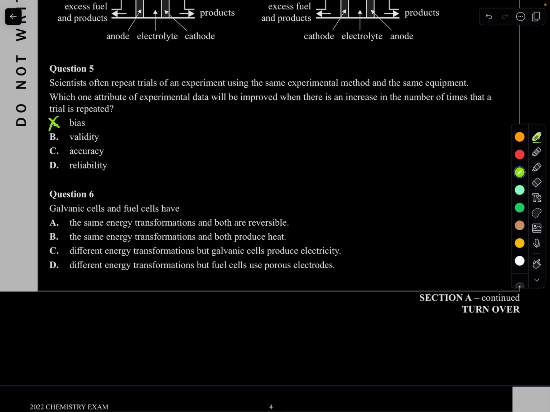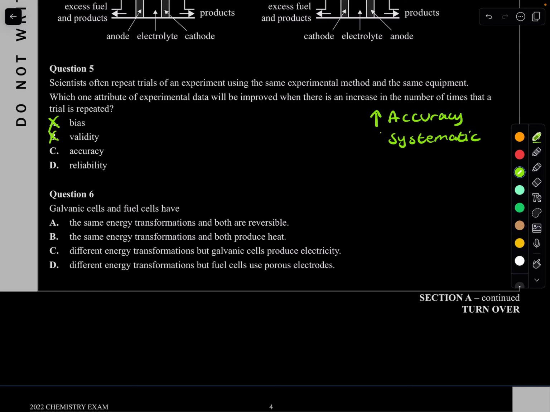And accuracy. Accuracy is basically how close the experimental value is to the true value. Accuracy is increased when systematic error is decreased.